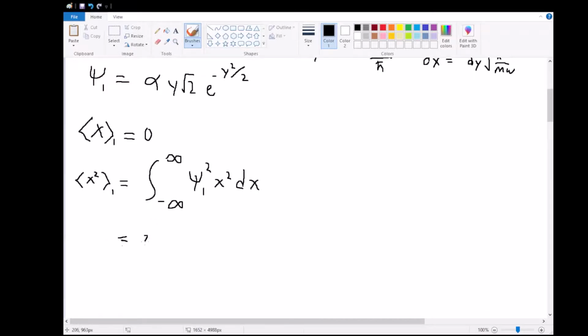So we have 2 alpha squared at the front as a constant, because we have alpha and we have root 2, and those are getting squared. And then we have our integral from negative infinity to positive infinity of y squared times x squared times e to the negative y squared over 2 times dx.